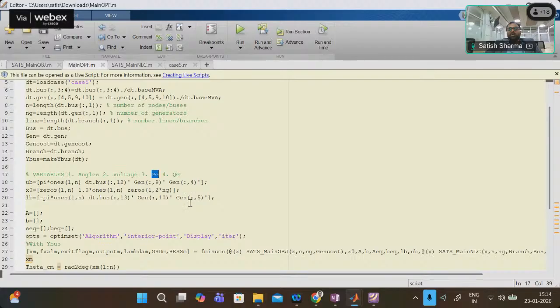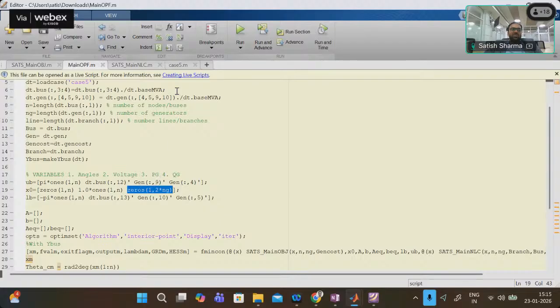Similarly, QG maximum and minimum values will be defined here. Everything I have kept at 0, so all the PG and QG are within the limits and they are at 0. Sometimes a generator minimum limit is non-zero. In that case, you should assume whatever in-between value, and you can generalize that as well. But let's say it is 0 first of all.